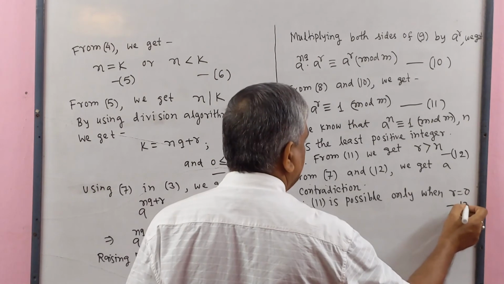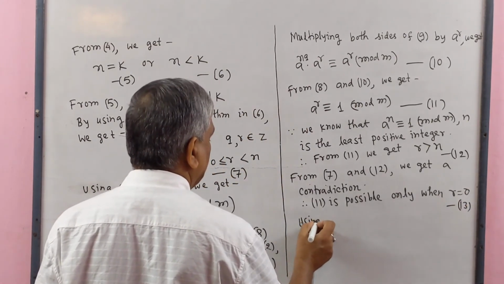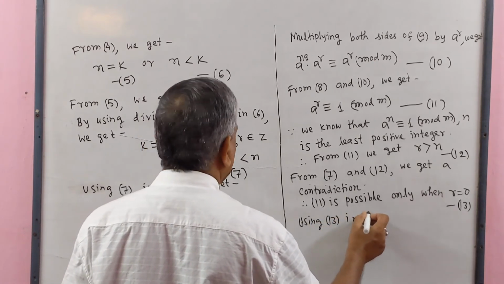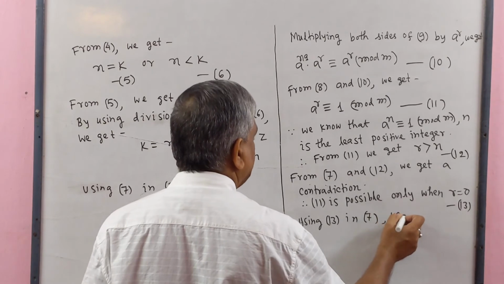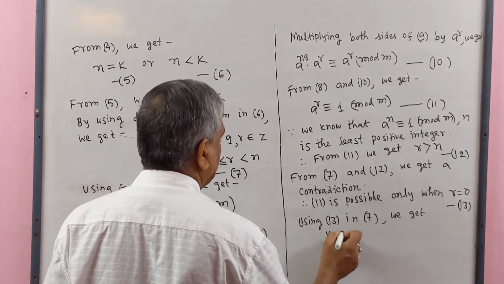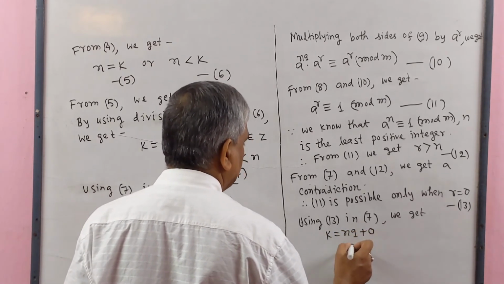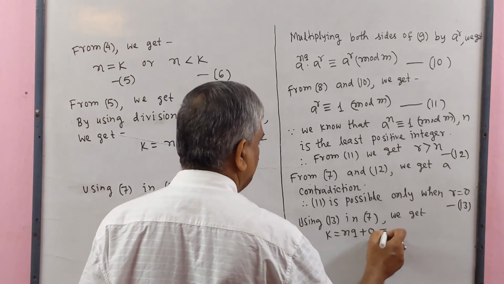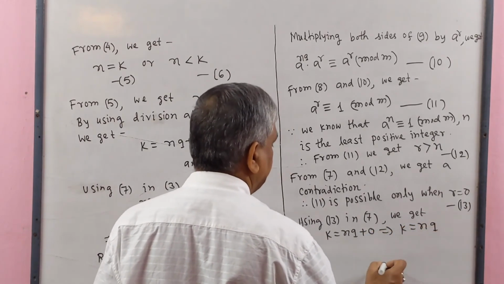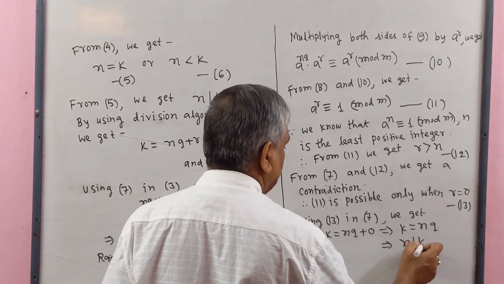This is number 13. Using 13 in 7 we get K equal to NQ plus R equal to 0, which implies that K equal to NQ, which implies that N divides K. Proved.